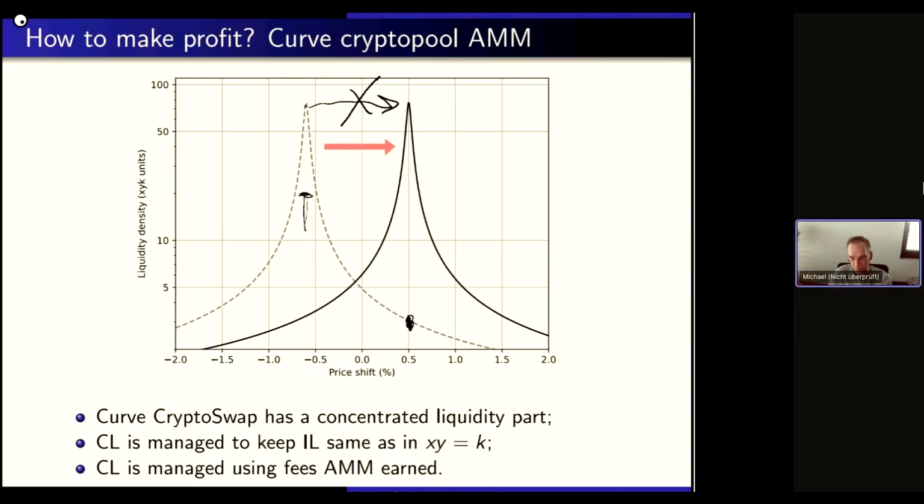But you need to earn a lot of money to do it, and you are not earning money fast, so you need to wait like forever. To avoid this, what we're doing currently is making liquidity not that concentrated. So the concentration is actually smaller than it could have been, exactly because if you make it smaller, then it's not as heavy, so it's not too hard to move this concentrated liquidity, and you can actually make money here on the edge.